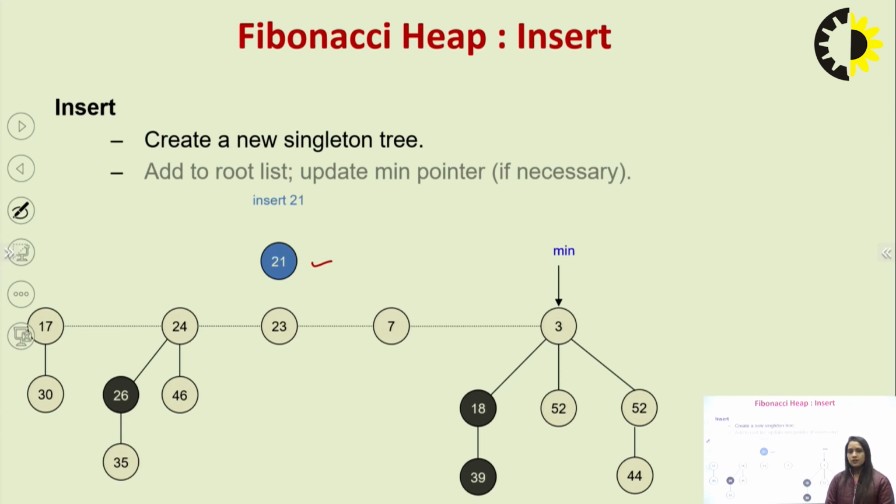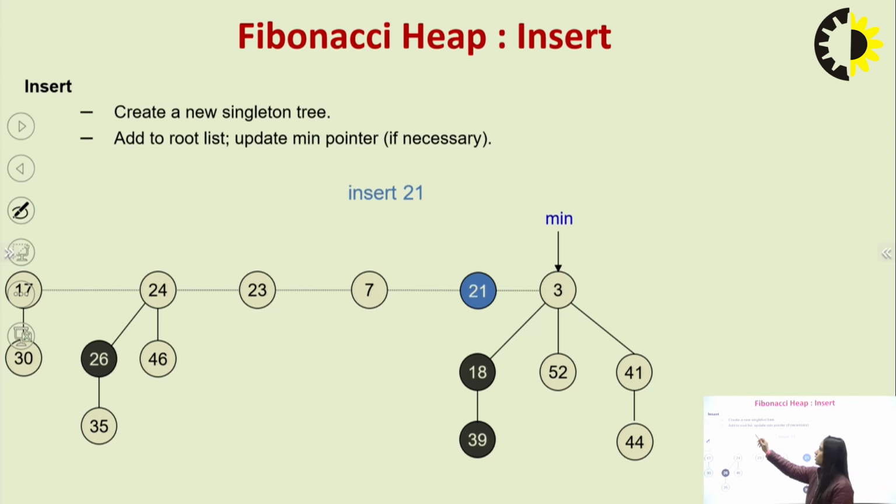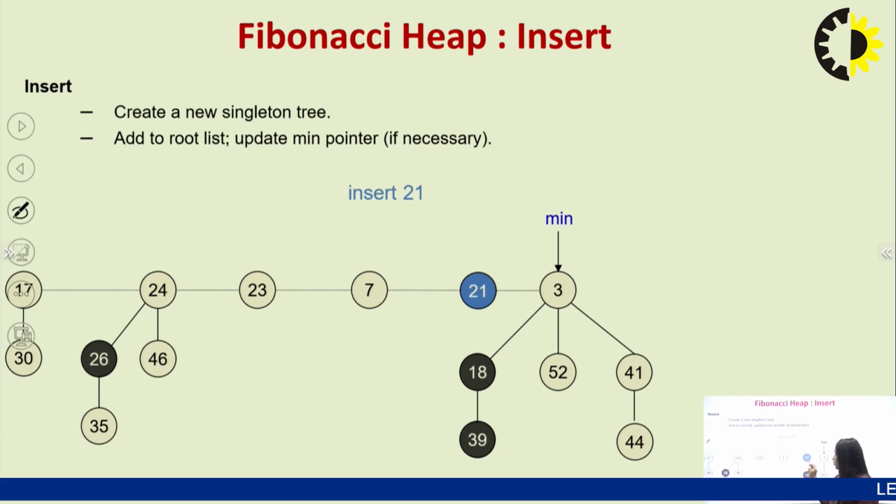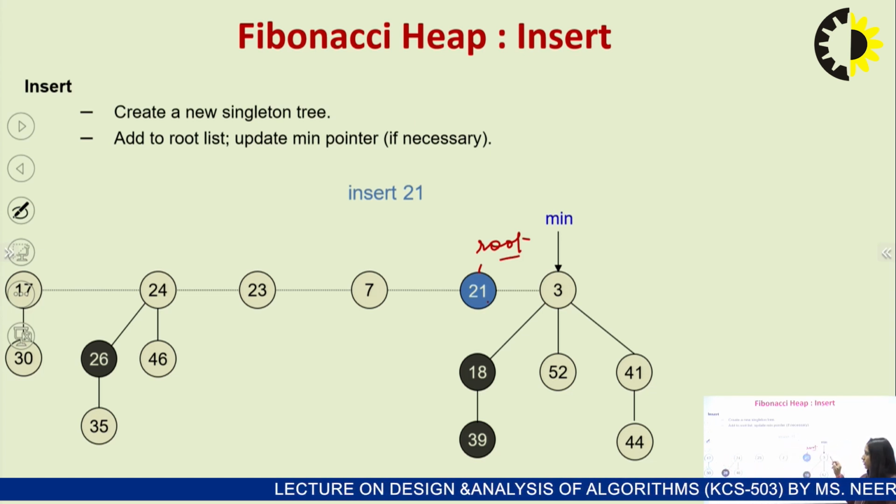So next, when you create a singleton tree here, the next point is to add it to the root list and update the minimum pointer if necessary. See what this point wants to explain. I just enter 21 over here. This part is your root list.